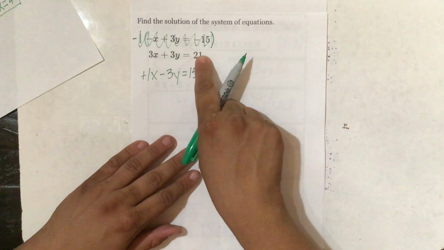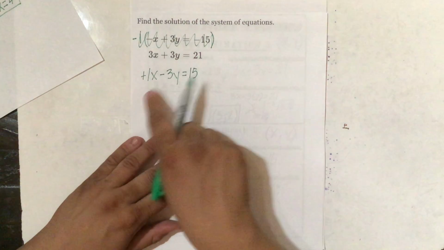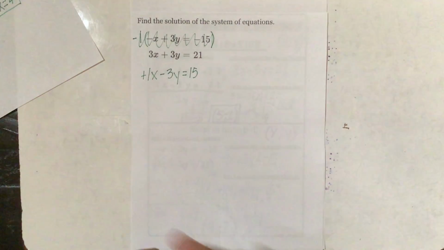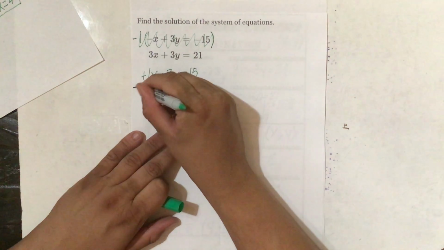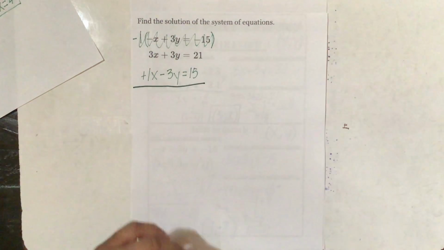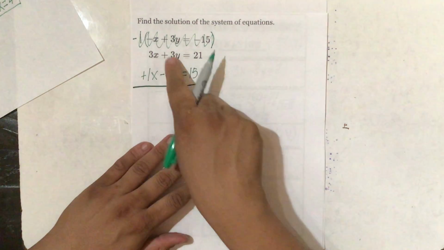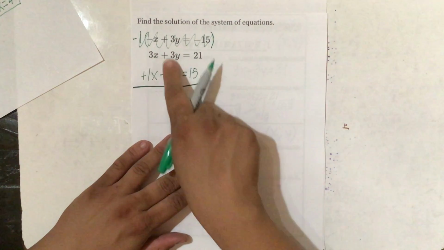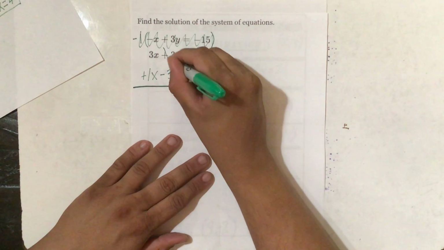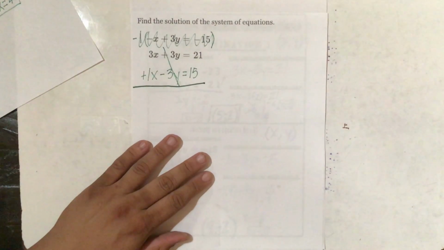Now this one is exactly the same, but I'm not going to rewrite it because look, they're already on top of each other. So I'm going to draw my line there. And look what happens here. Positive 3y, negative 3y, boom, gone.